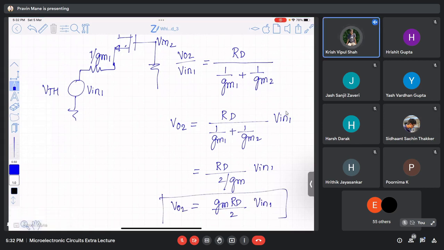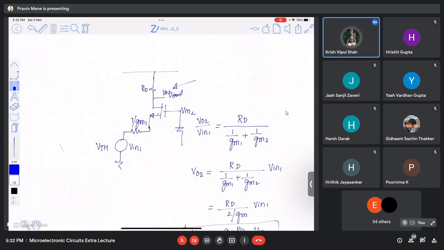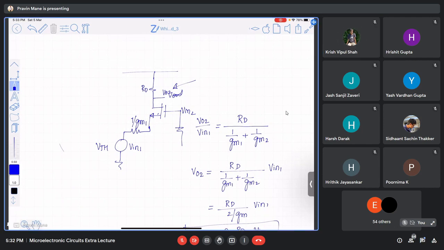Yes, sir. I had a doubt. Like in this, we have found the Thevenin equivalent for transistor M1. Why can't we find it for M2 and then use Vo2 as the source in transistor M1? So what you are doing, basically, you have to apply the... how will you find Thevenin's equivalent of M2?